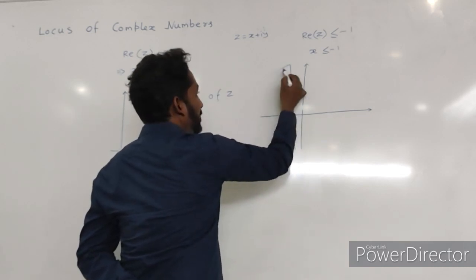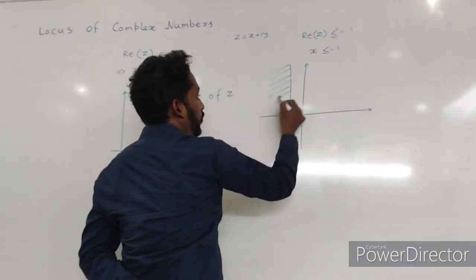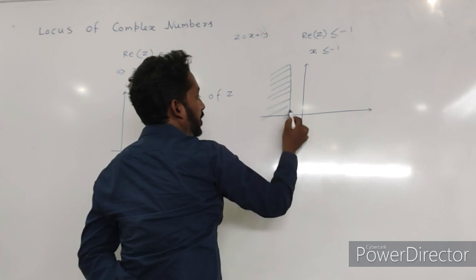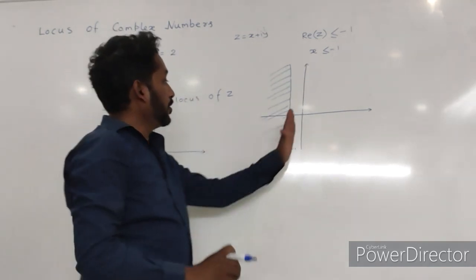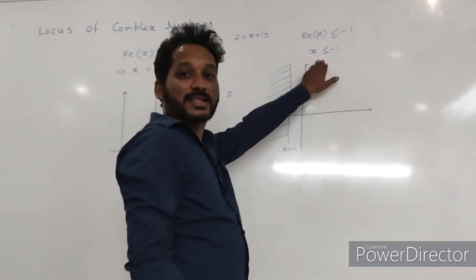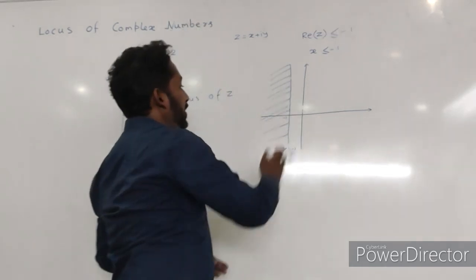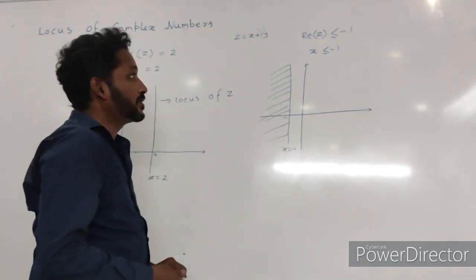And the entire left part of it will satisfy x is less than or equal to minus 1. If I go left of x equal to minus 1, then x is less than or equal to minus 1 is satisfied. So this entire plane, the shaded area, will be the locus.